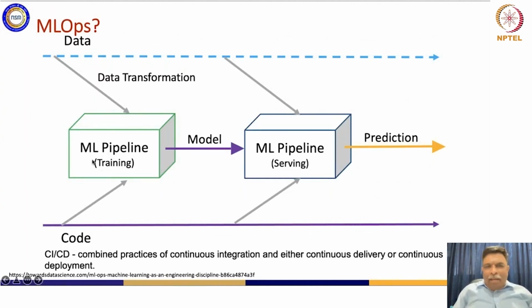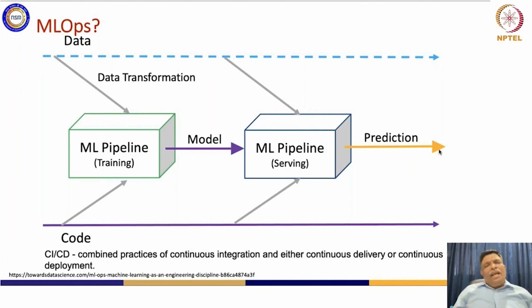There will be an ML pipeline, there will be a model which will be trained using this type of training mechanism. Then you have code which will actually be developing this trained model, training model for that matter. And then once this is done, you again give the data to the serving pipeline, and then you do the prediction.